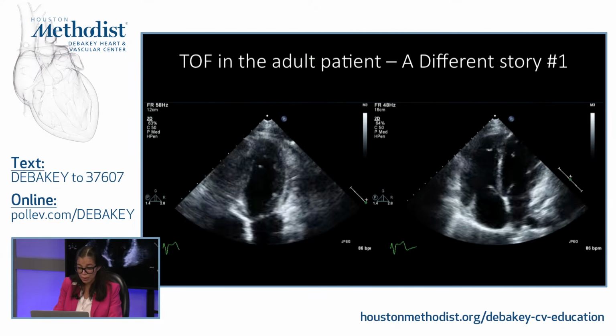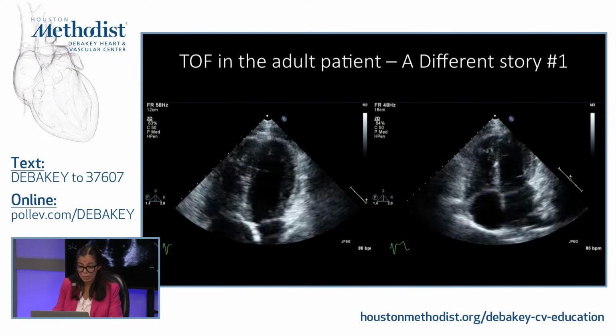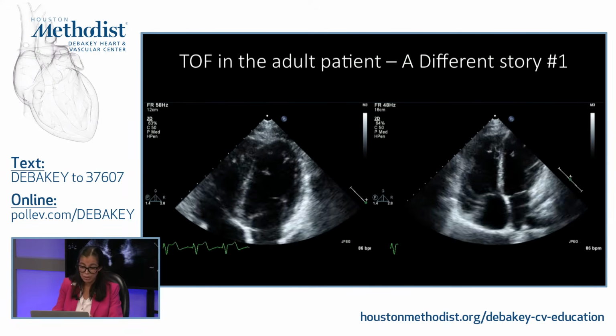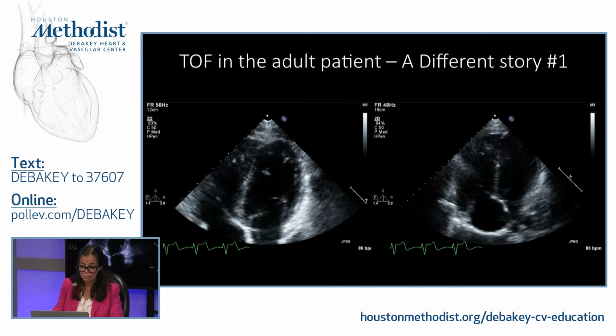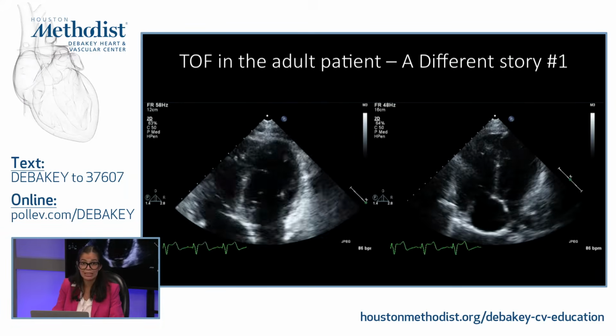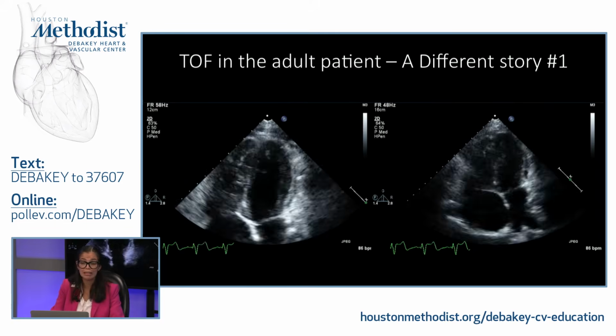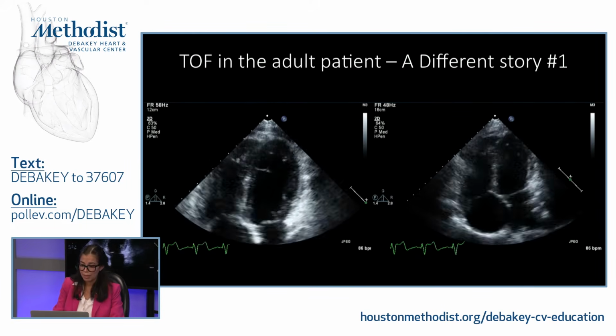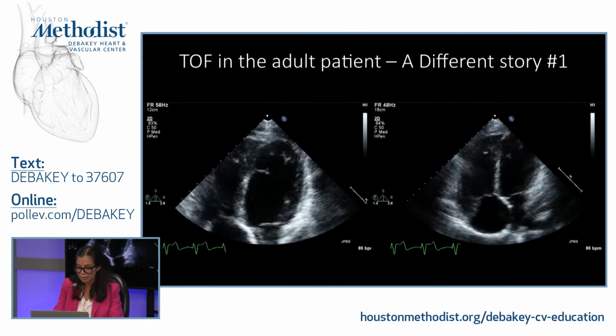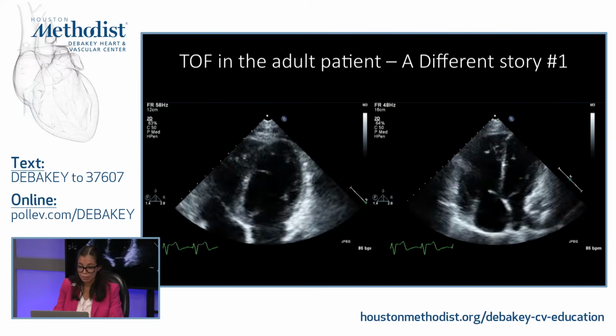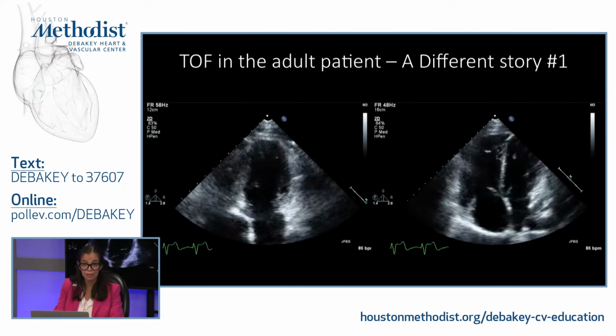And then talking about how images complement each other, tricuspid regurgitation assessment is very important by echo, and also TR jet velocity, because it's really helpful for us to estimate the RV pressure, especially because these patients can have residual pulmonary stenosis, correct?